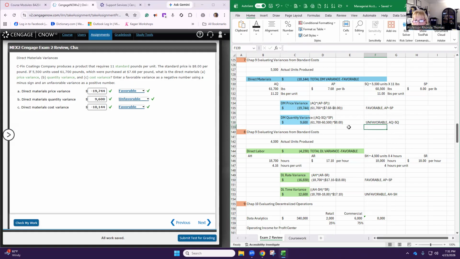Yep. All right, so let's see if we can walk this one out. So we've got 61,700 actual quantity. It should have been 60,500, and then we're going to take it times the standard price. So that gives us an unfavorable variance, and the reason why it's unfavorable is because we used more than we were supposed to.